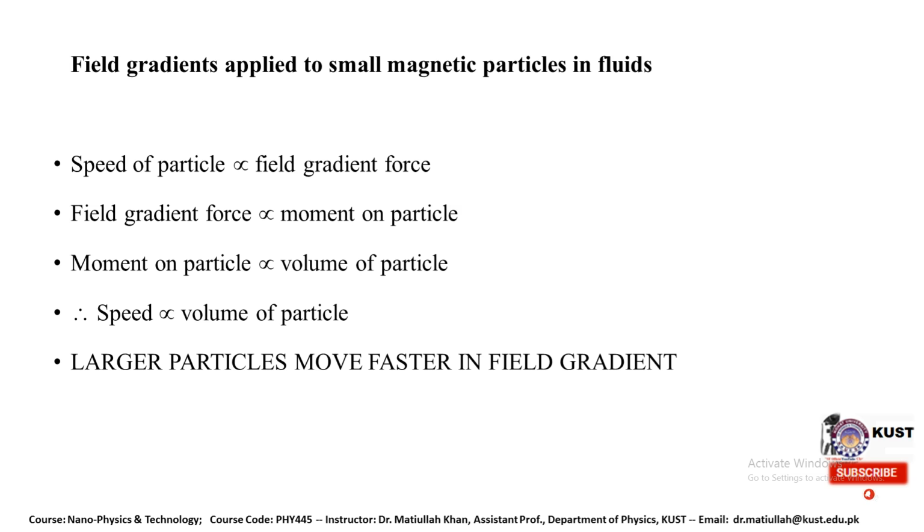Indirectly, the magnetic moment in the particle is proportional to the volume of the particle, so the speed is proportional to the volume of the particle. We summarize from this discussion that larger particles move faster in field gradients.